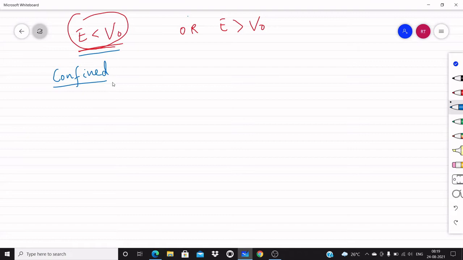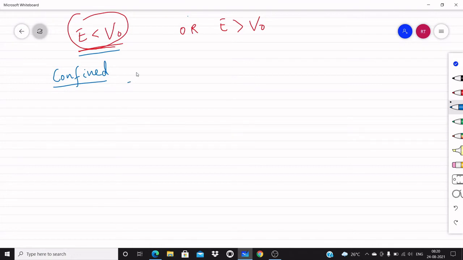The highest probability of finding the particle is at a maximum in the center region of the well. There is a very small probability for the particle to penetrate through the walls.